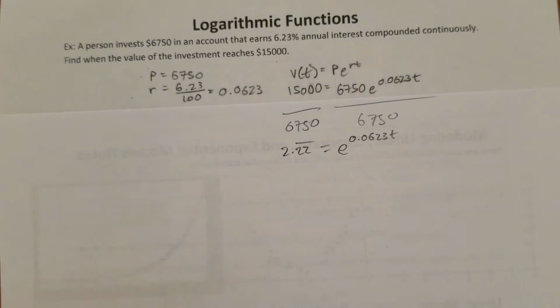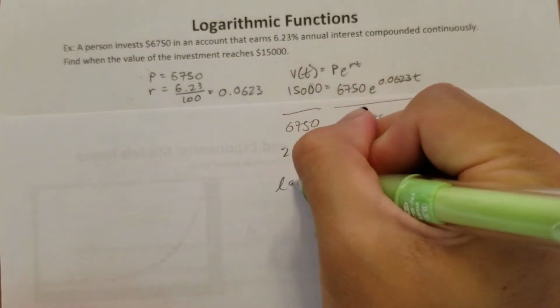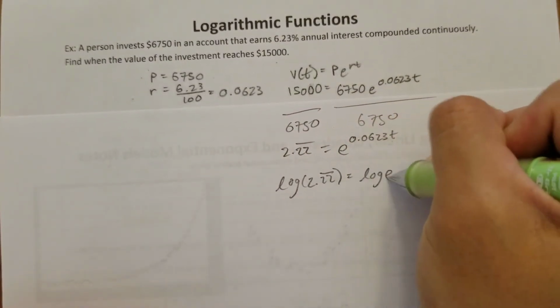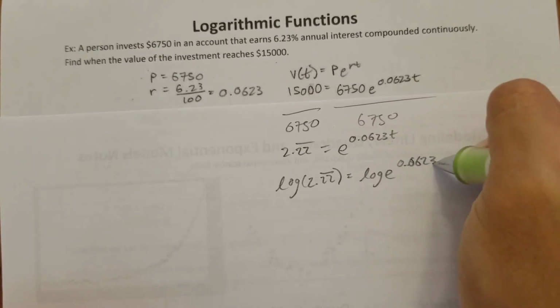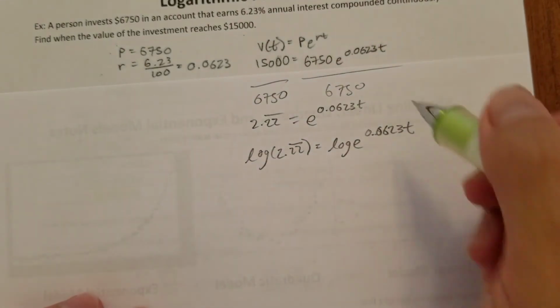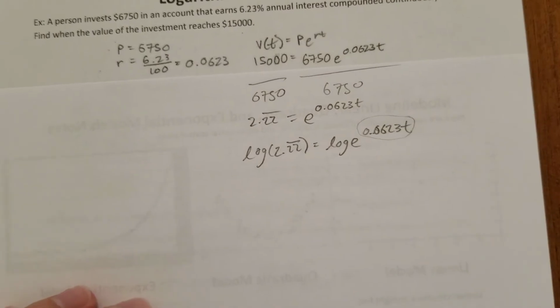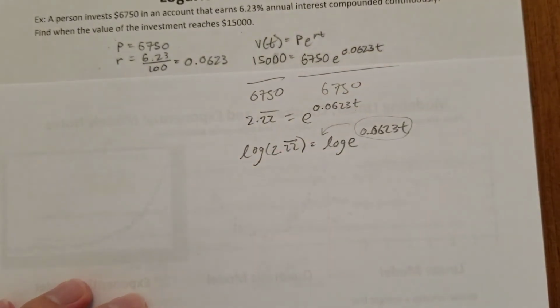So same idea. In order to try and solve this, you take the log of both sides. So log of E raised to 0.0623 T. Now this whole part here is considered the exponent. When you have a log, you can throw that whole thing in the front.